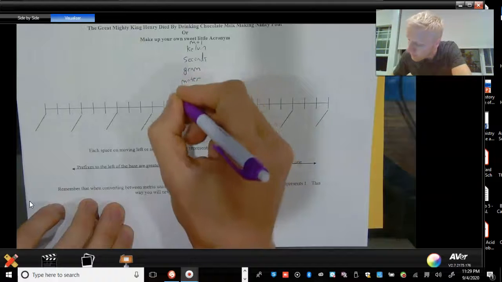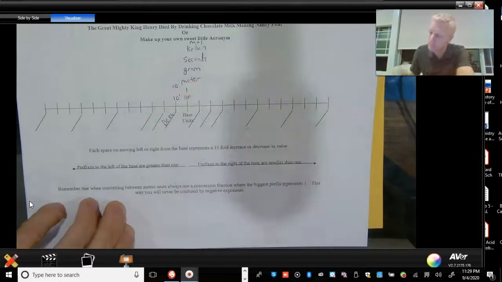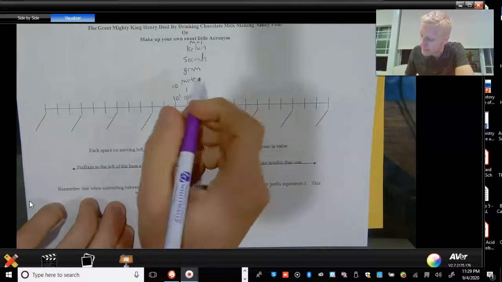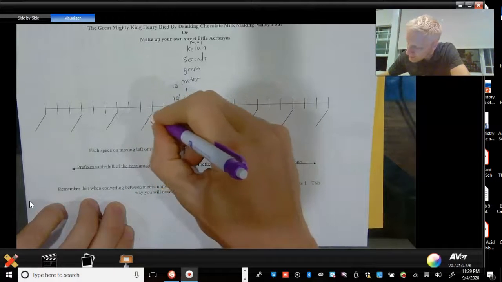Also known as 10. So basically 10 meters are in 1 decameter. That's what we're trying to say. Next one is going to be hecto.